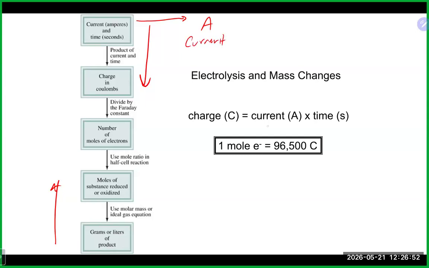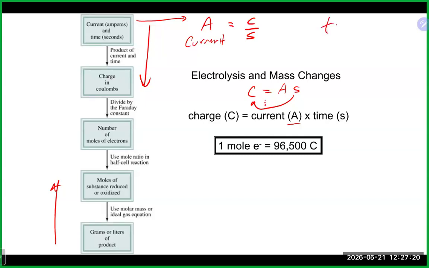And a relationship between an amp and some helpful units is that a coulomb is equal to an amp times a second, which means an amp is also equal to a coulomb divided by a second. If you divide to the other side and solve for A, the amperage is a coulomb, which is a unit of electrical charge, over a second. That is really important.